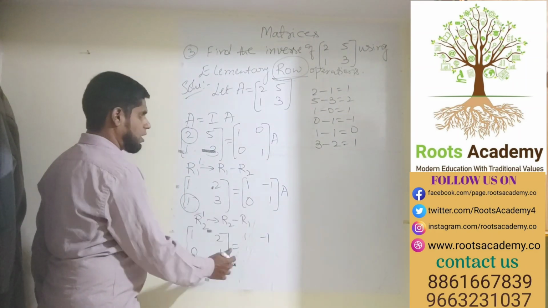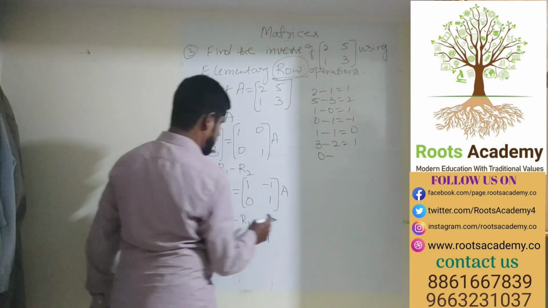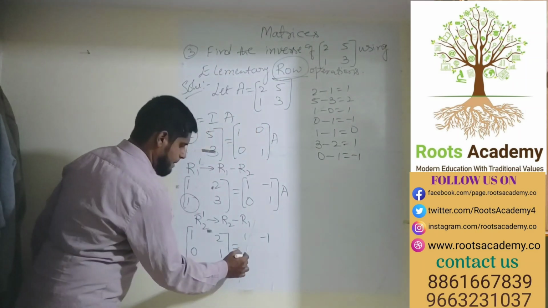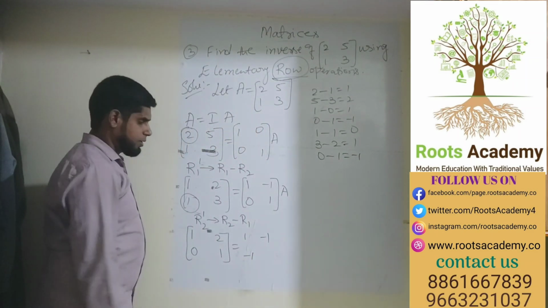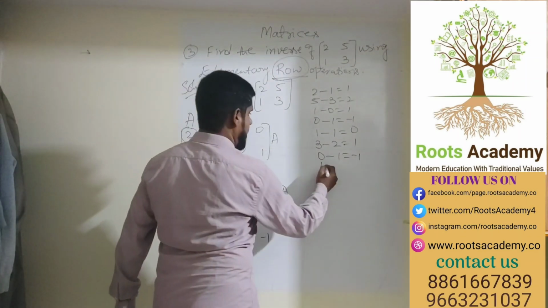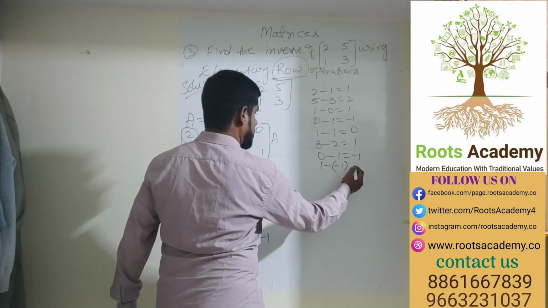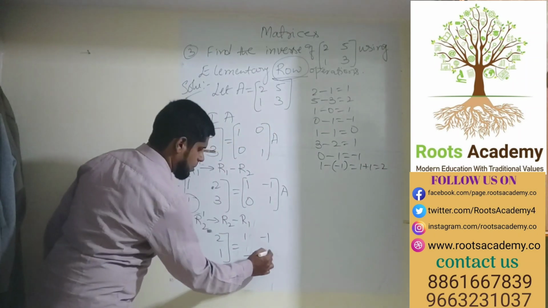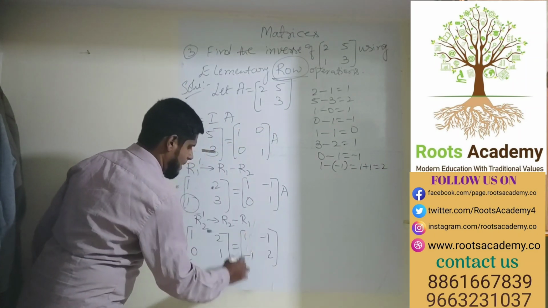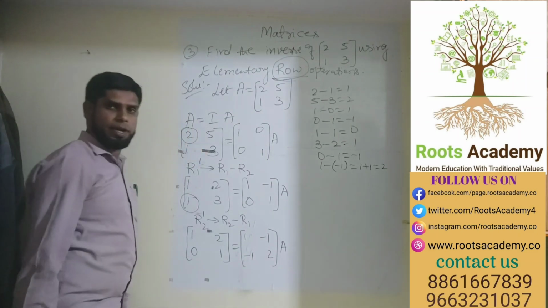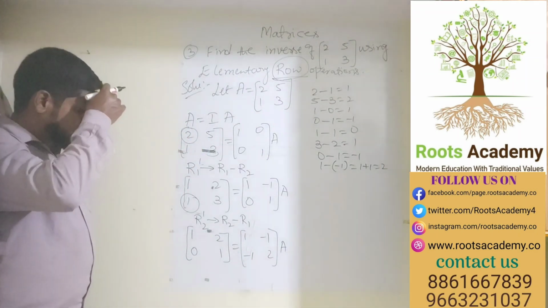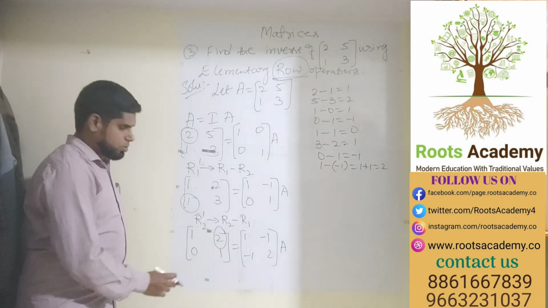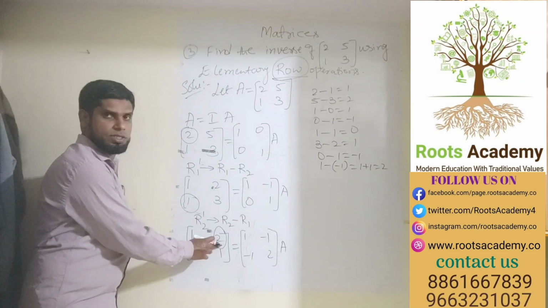Next this is R2, 0 minus 1, so it's minus 1. Next 1 minus of minus 1, so it is 1 plus 1, it's 2, into A. Now student, the only element left out is this 2. I should make this 2 as 0.